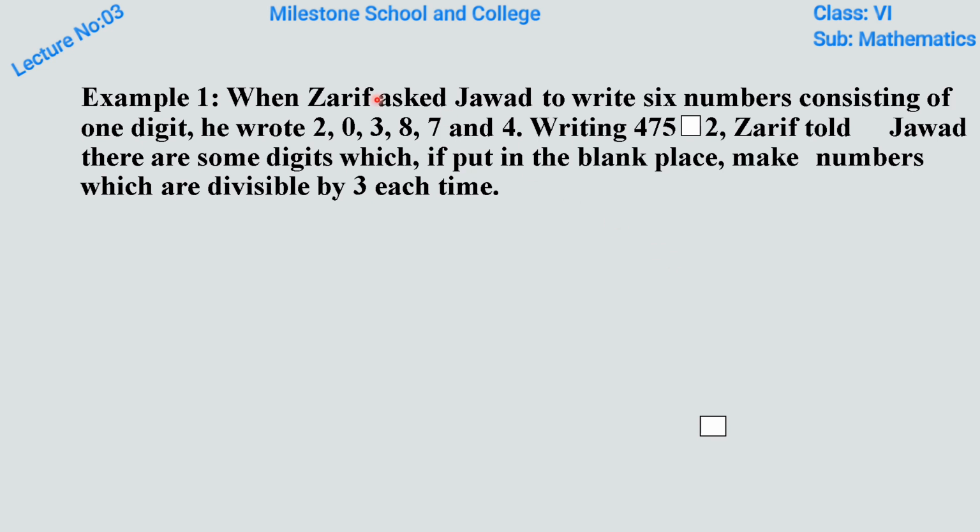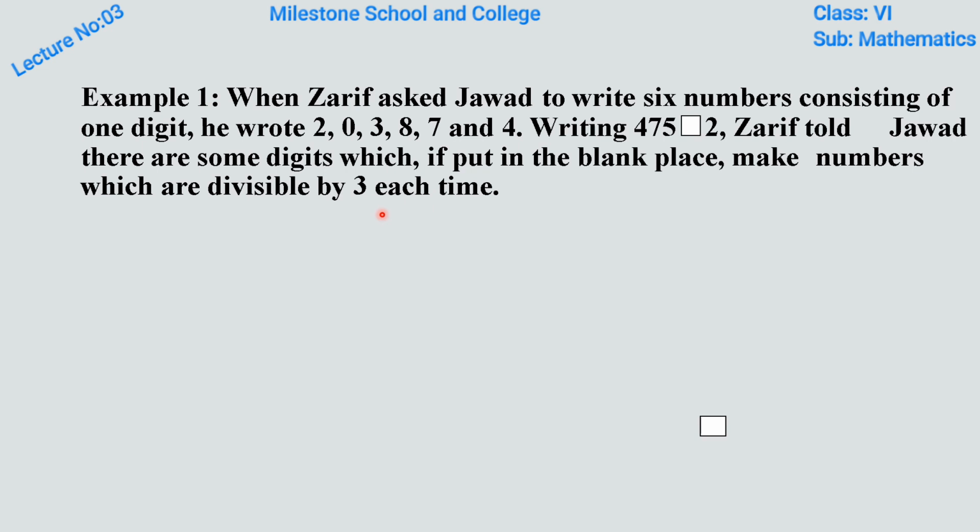When Zarif asked Jawad to write 6 numbers consisting of one digit, he wrote 2, 0, 3, 8, 7 and 4. Writing 475-2, Zarif told Jawad there are some digits which, if put in the blank place, make numbers which are divisible by 3 each time. This is the stem, my dear.